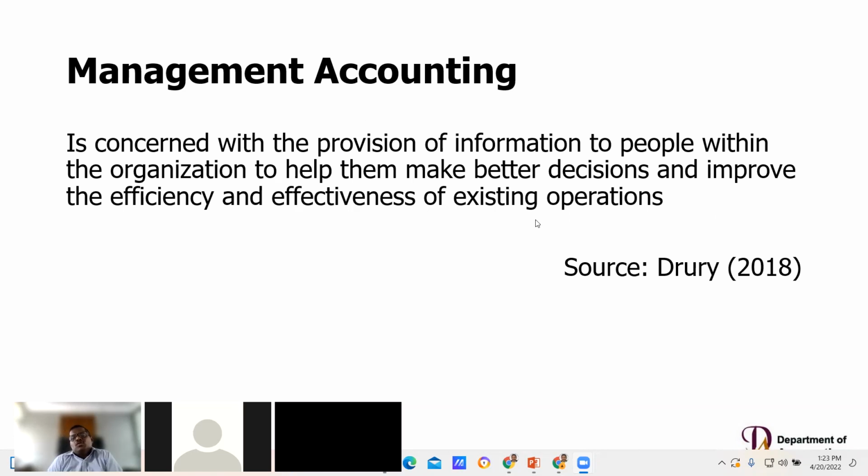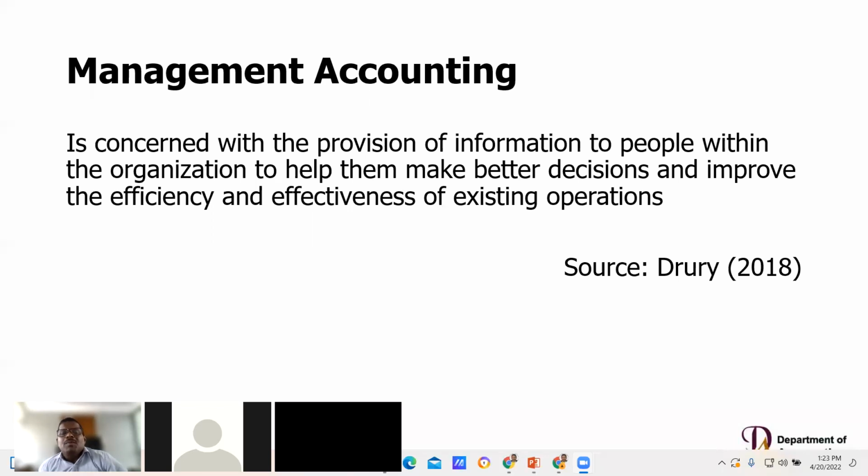So when you look at management accounting, it's very clear that whatever information is important for us to improve our operations comes under management accounting.